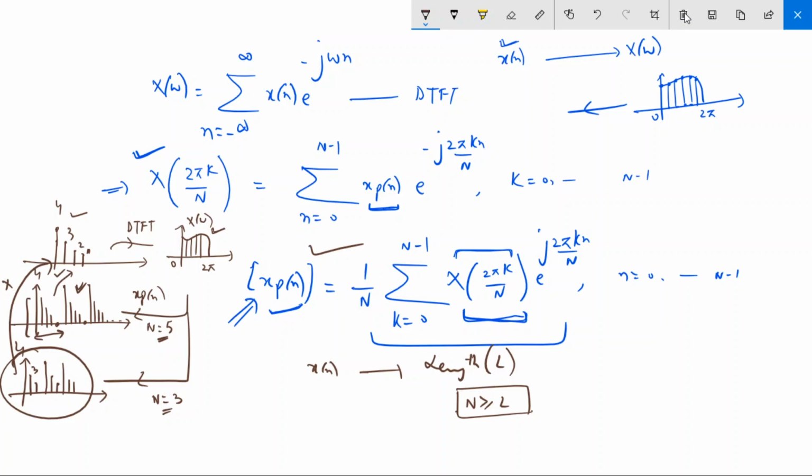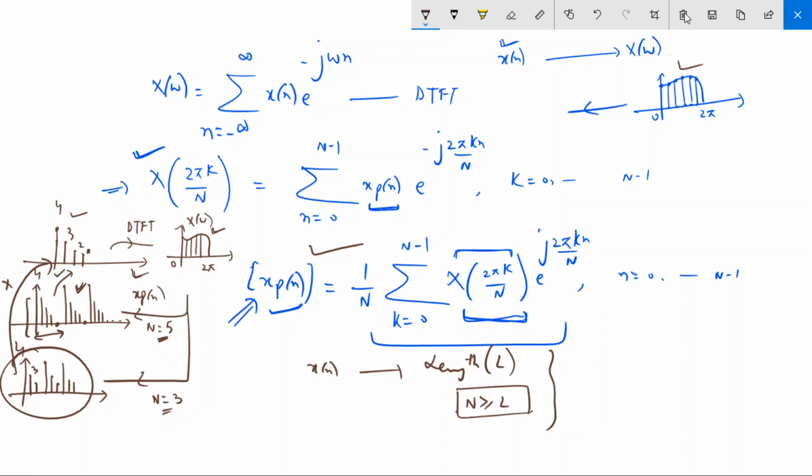Only then can you recover x[n] from its samples. Otherwise it is not possible. It is the same case as in the time domain. You have seen that when you sample the signal in time, it repeats in frequency. And when you sample the spectrum in frequency, the signal repeats in time.